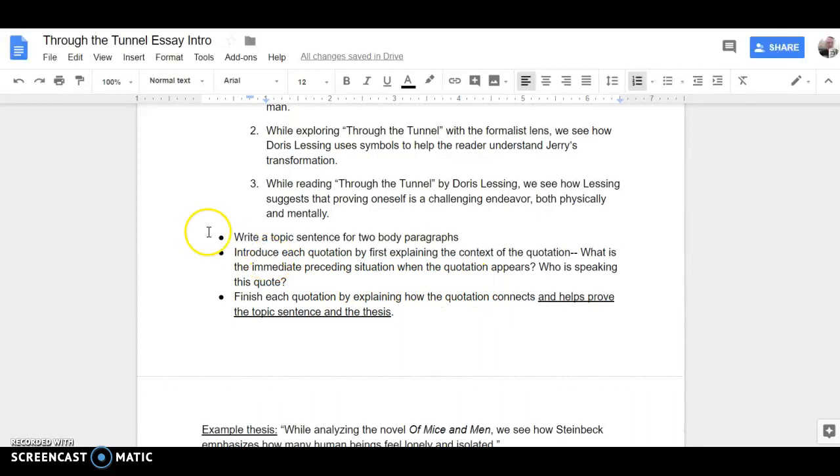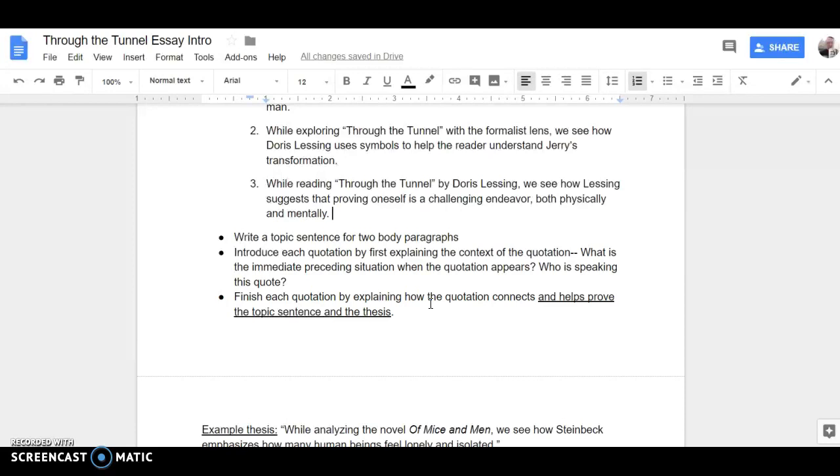You also need to make sure that you have a topic sentence for 2 of your body paragraphs. So your essay, if you're doing the math, has an introduction paragraph, 2 body paragraphs, and a concluding paragraph. You need at least 4 paragraphs total.